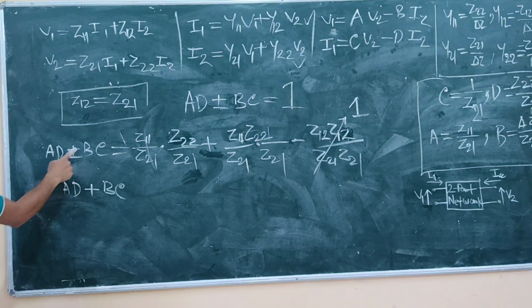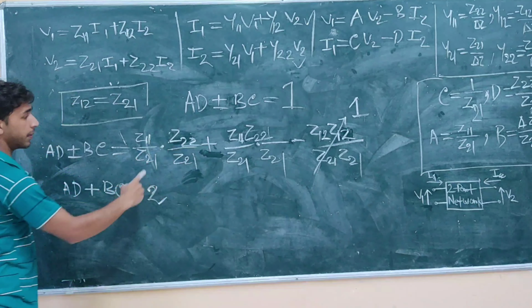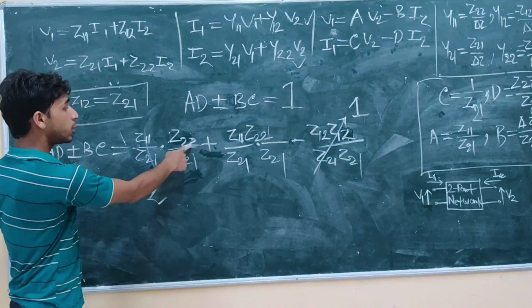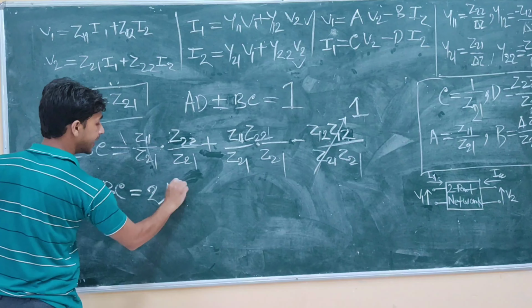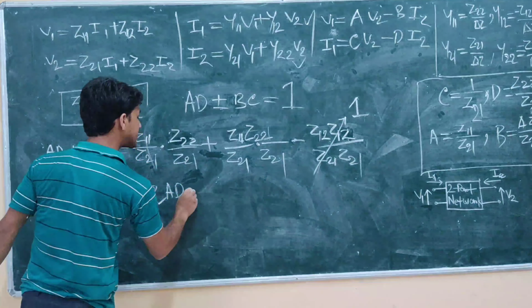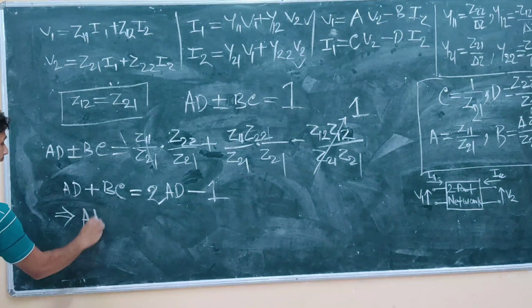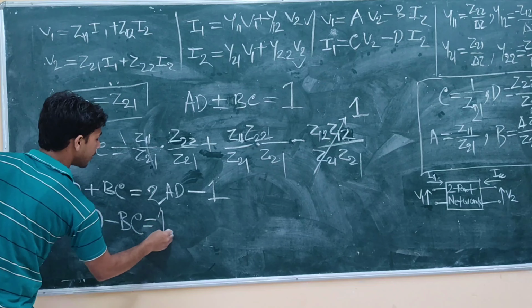We are considering this symbol as plus, equal to twice this term. Z11 by Z21 is nothing but A and Z22 by Z21 is nothing but D. So we have twice AD here and here we have minus 1. By rearranging this equation, we will get AD minus BC equals 1.